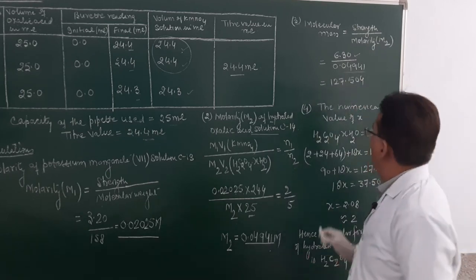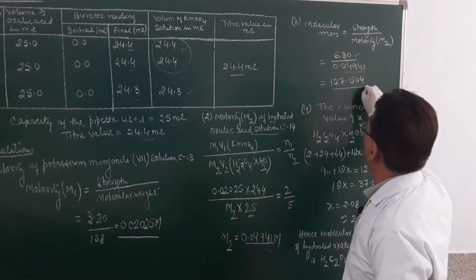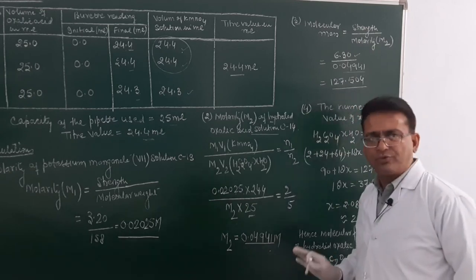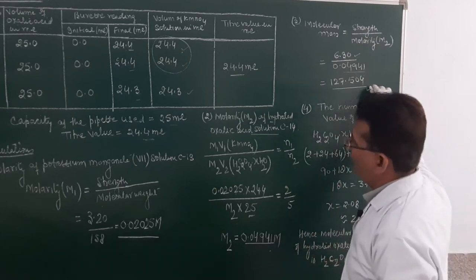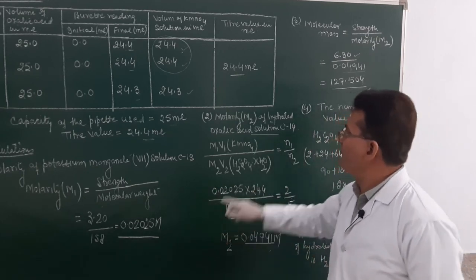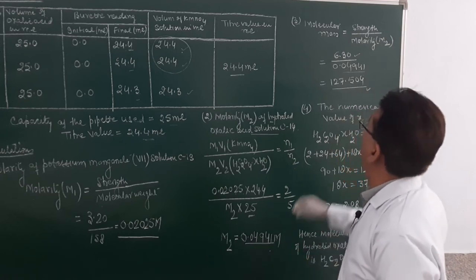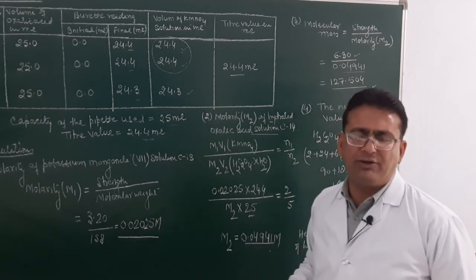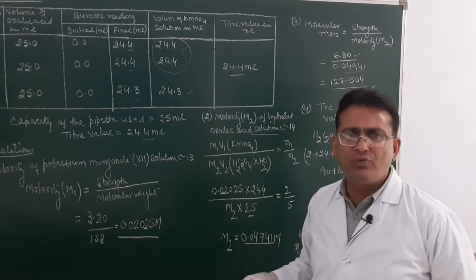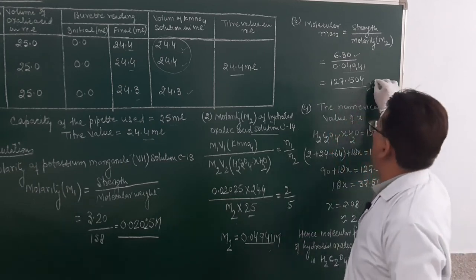Am I clear? On solving it out, it will come out to be equal to 127.504. Am I getting clear or not, student? So 3 questions are solved. First was the molarity of KMnO4, second was molarity of oxalic acid, and third is the molecular mass of oxalic acid. Even if we experimentally calculate the molecular mass of oxalic acid, it is 126. So it is coming nearer to that.